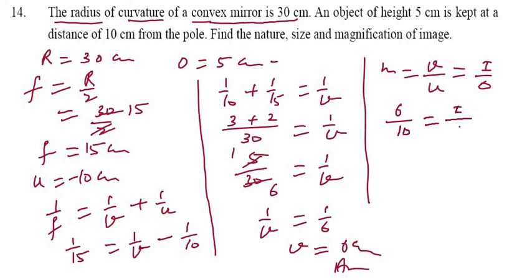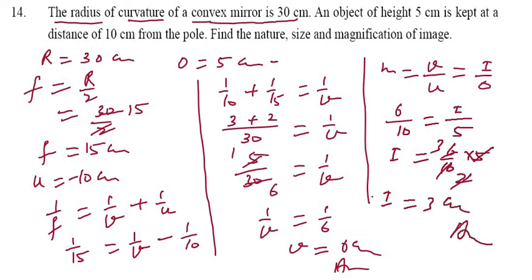You can see here it is the 5 centimeters. Now I will be equal to 6 upon 10 into 5. So 5 ones are 5, 5 twos are 10, and 2 ones are 2, 2 threes are 6. So I is equal to 3 centimeters. So that will be your answer.